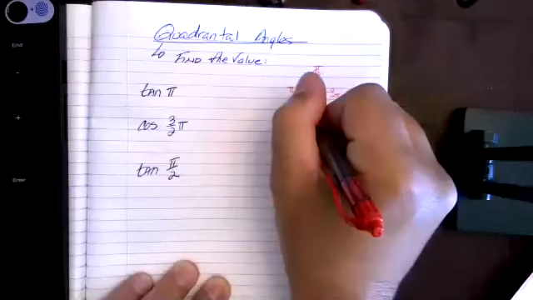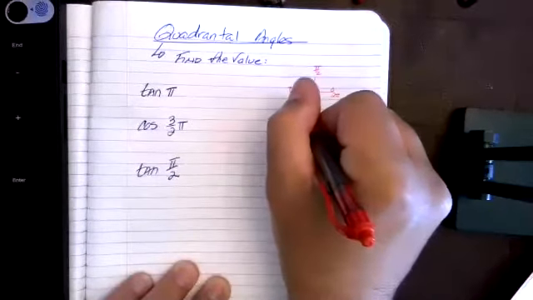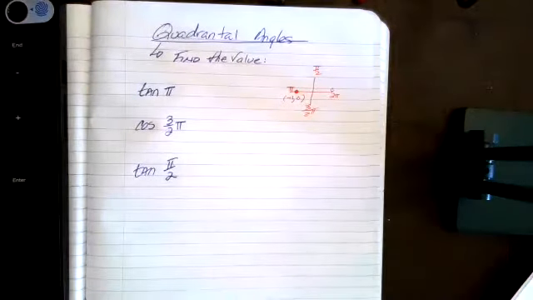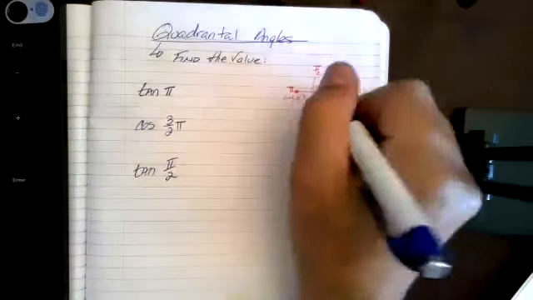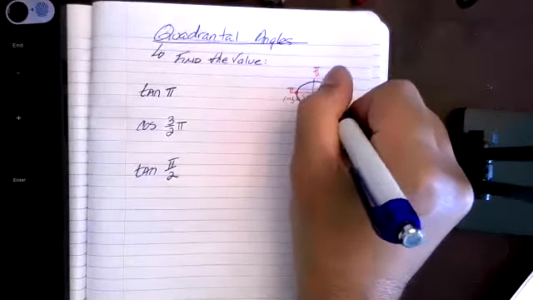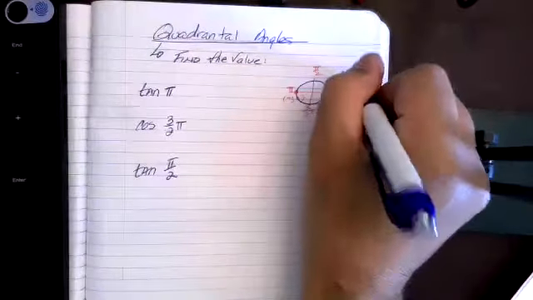So tan of pi, well, that point would be -1, 0. Right? And like I said, if we're looking at a unit circle, that's why we're getting that -1, our radius is 1.